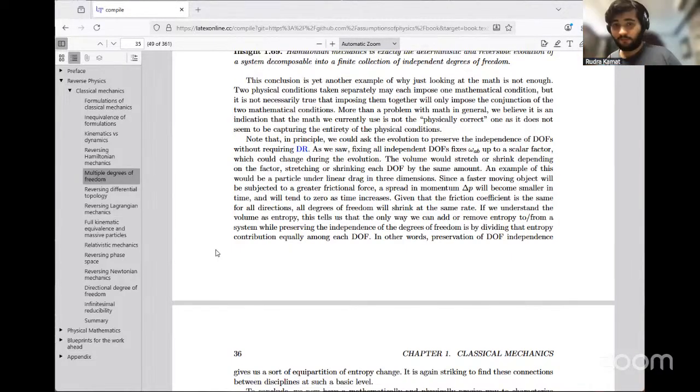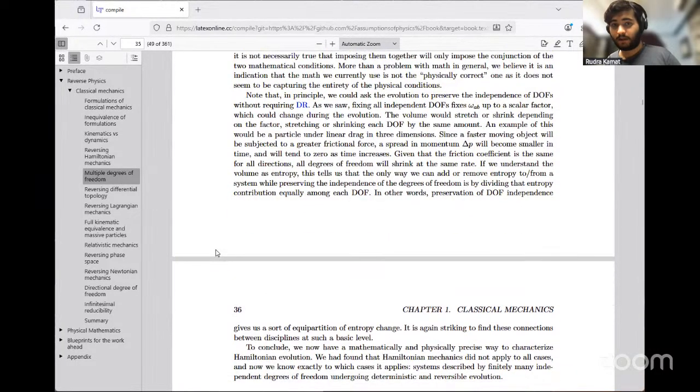Note that in principle, we could ask the evolution to preserve the independence of DOFs without requiring DR. As we saw, fixing all independent degrees of freedom fixes omega AB up to a scale factor, which could change during the evolution. The volume would stretch or shrink depending on the factor, stretching or shrinking each DOF by the same amount.